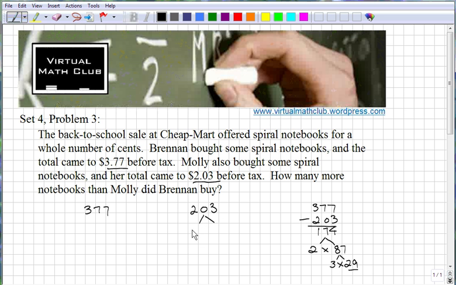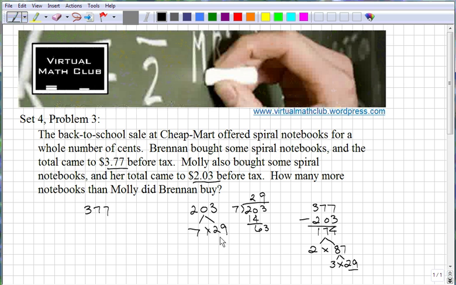No. So that's not divisible by 3. 5? No, because it doesn't end in 0 or 5. 7? Well, let's just try 7. If we divide 7 into 203, we'll get 29. Look at that.